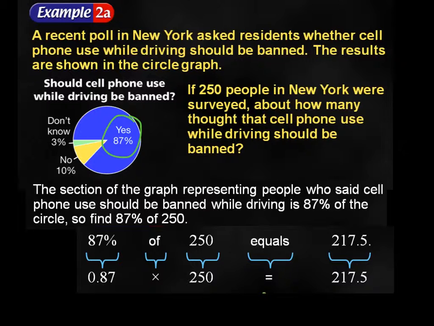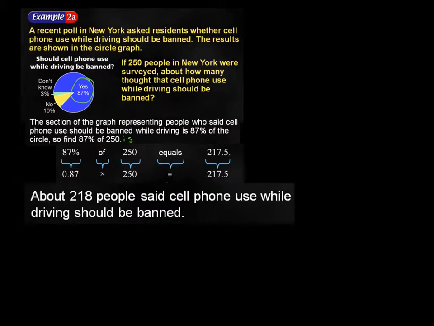Of always means times 250, and then is always means equals. If we grab a calculator and multiply, 0.87 times 250 equals 217.5. Now it's awkward to talk about partial people, so we're going to say about 218 people said cell phone use while driving should be banned.